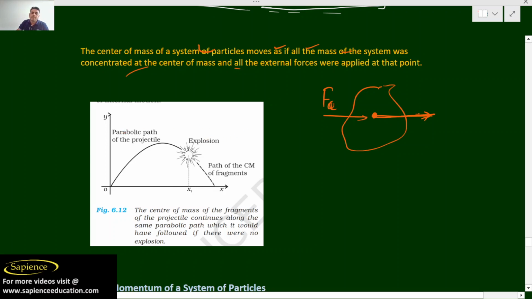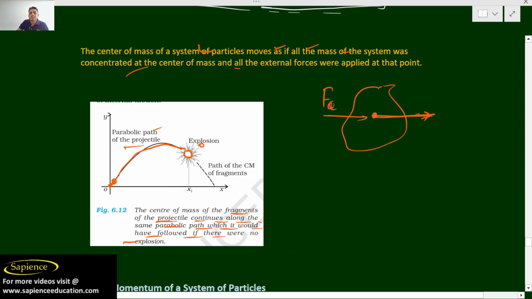For example, take the parabolic path of projectile motion. The center of mass of the fragments of the projectile continues along the same parabolic path which it would have followed if there had been no explosion. As you know, previously a body is moving like this and suddenly it explodes at this point.